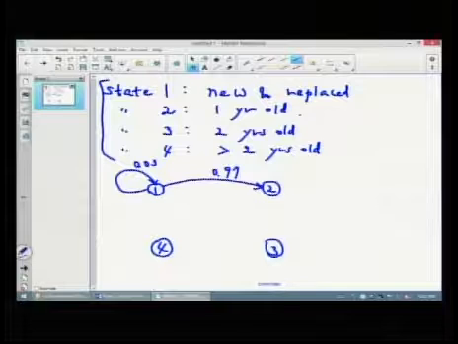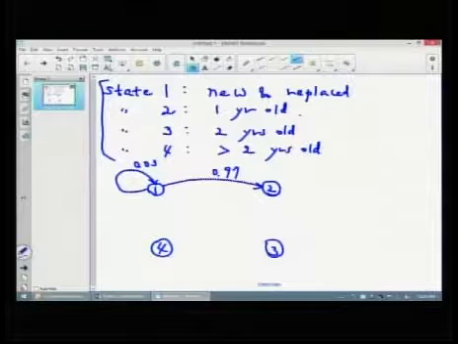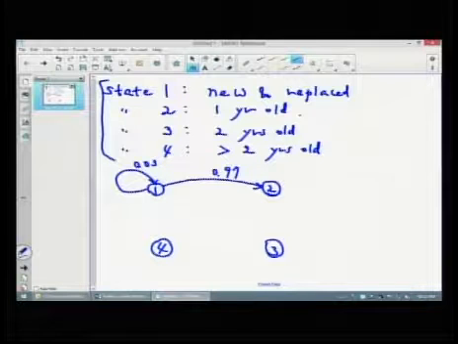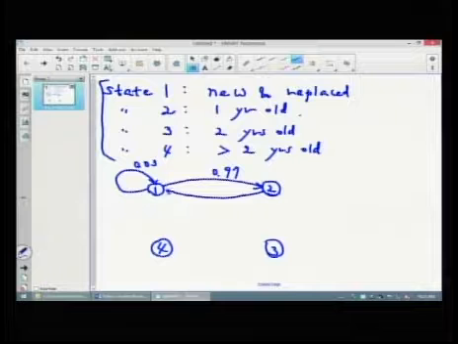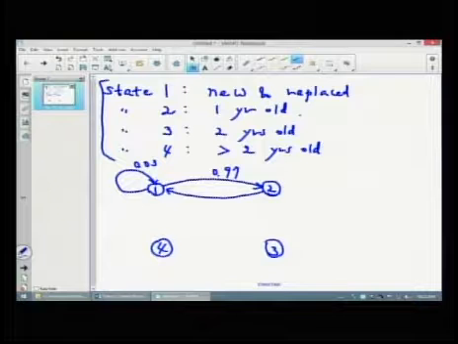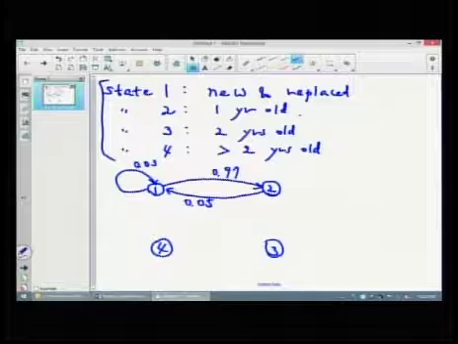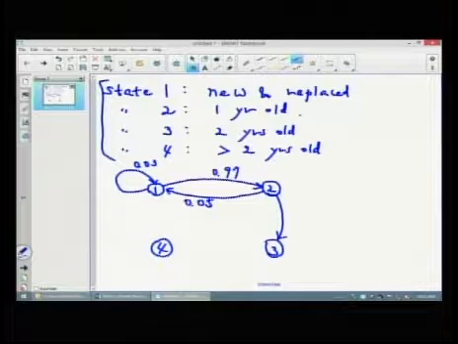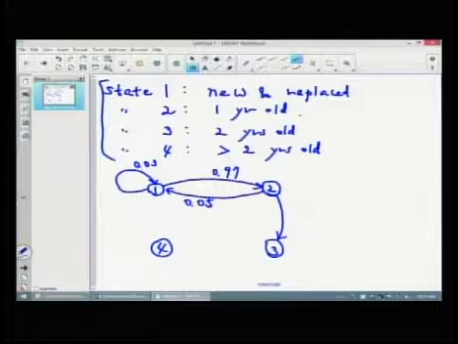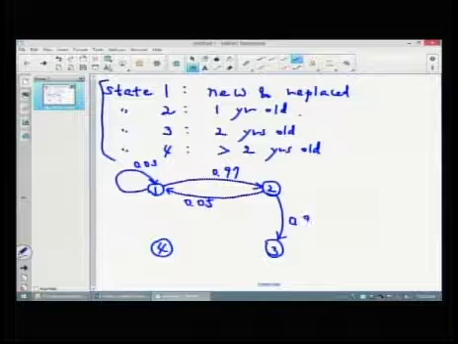Starting from 1-year-old refrigerator, it has 5% chance it will fail during its second year of operation. So we have 0.05 here. Otherwise, a year later, it becomes a 2-year-old refrigerator, right? So that's going to be 1 minus 0.05, which is 0.95.